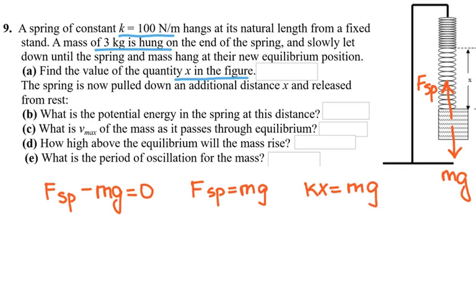So x is equal to mg, which is 30, because m is 3 kilogram, divided by k, which is 100, and that gives me 0.3 meters. So the answer for A is 0.3 meters.